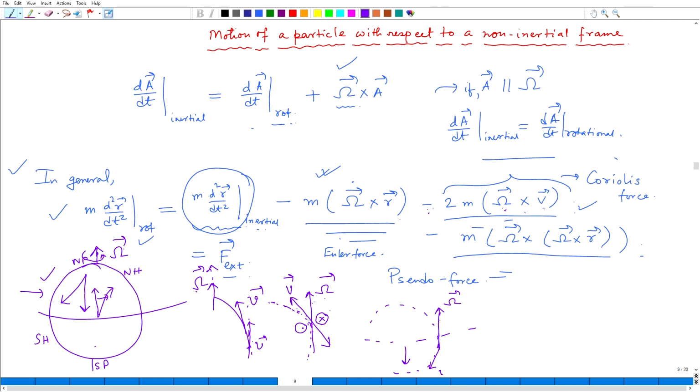So, if my v is now in this direction, okay, and minus omega is in this direction. So, again you will see that minus omega cross v will be to the inward direction of the plane of the paper, and that is why you will have this type of deflection.